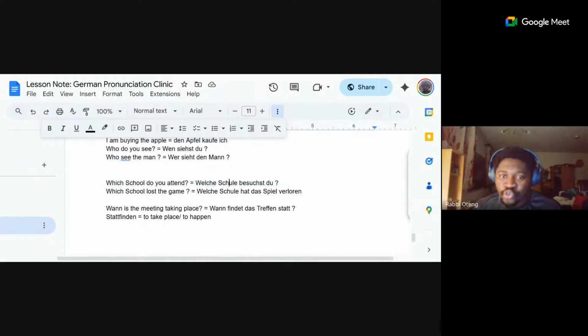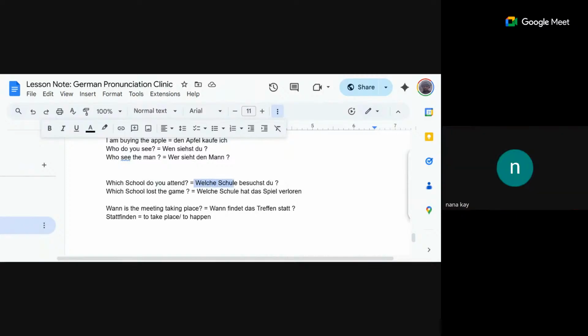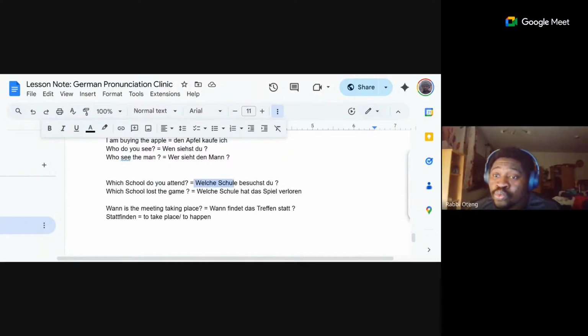So welche Schule besuchst? Right after the W question, we go straight to our subject. The welche, the Schule here is attached to what? Welche, which school? So normally with welche and with wie, wie is always used with adjectives, and welche is always used with nouns. Like which man, which organization. Then how is always used with adjectives.